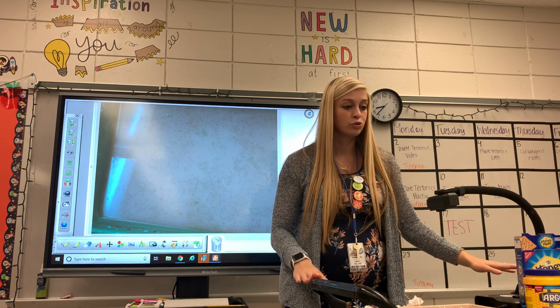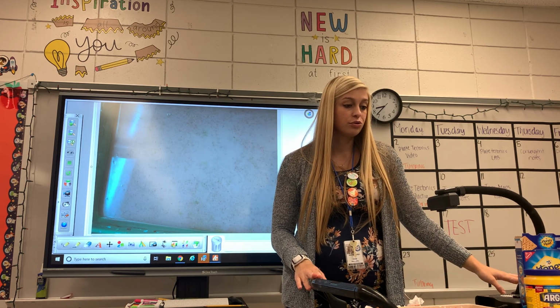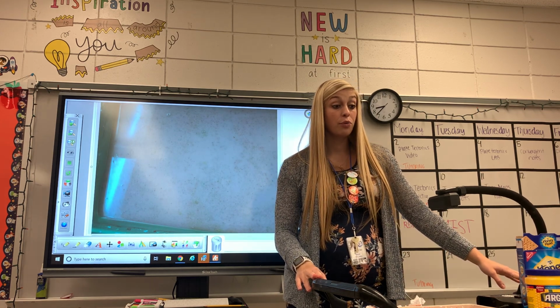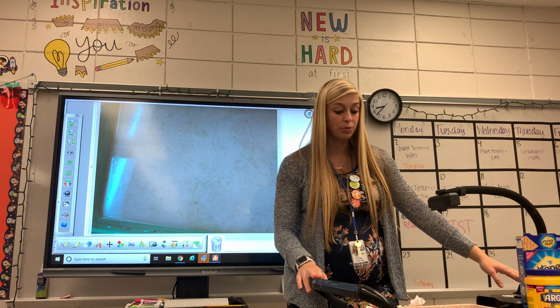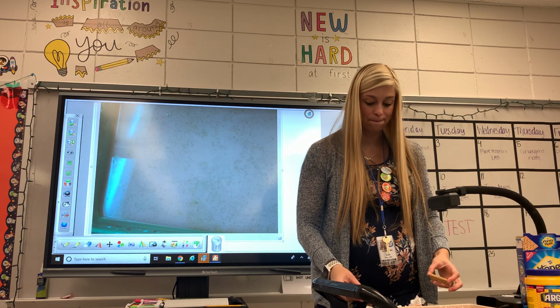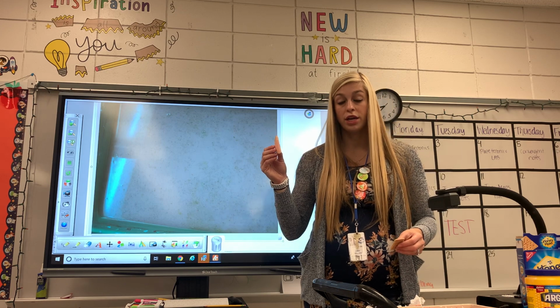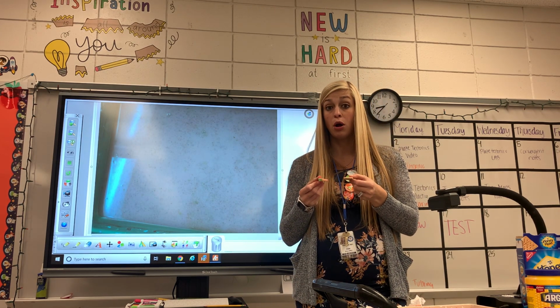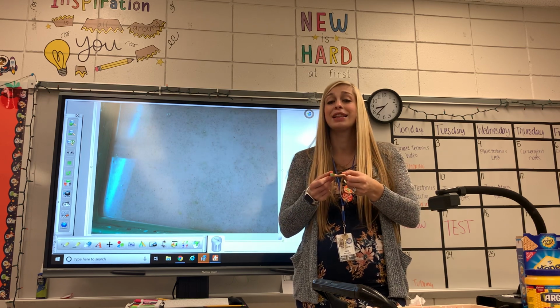Next one, take 2 graham crackers and gently push them together. I did that one. Take 1 graham cracker, 1 apple slice, and place it on the oobleck and push them together. So 1 oceanic, 1 continental, 1 of each, and I'm going to push them together. So they're going to collide.